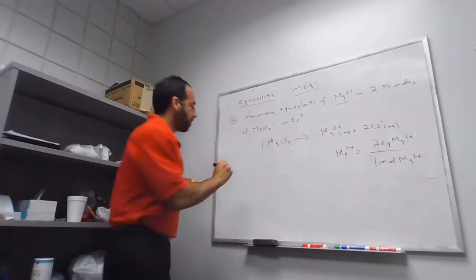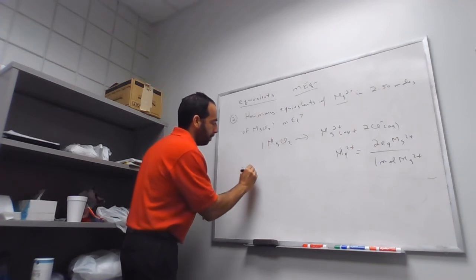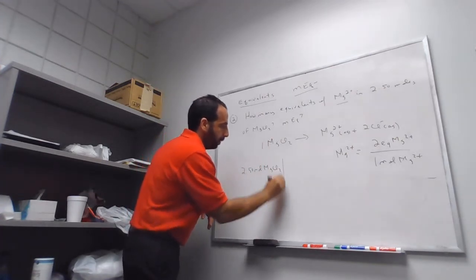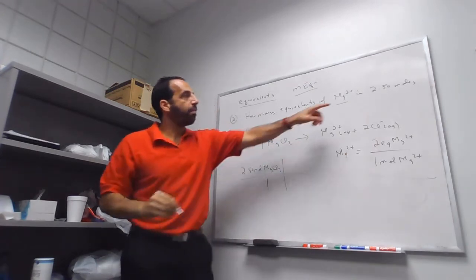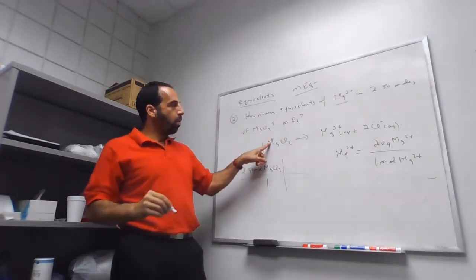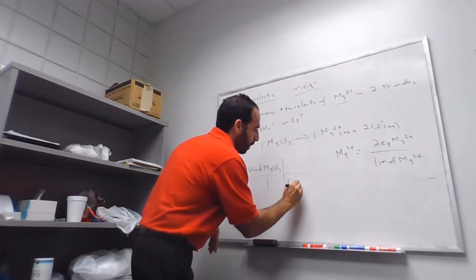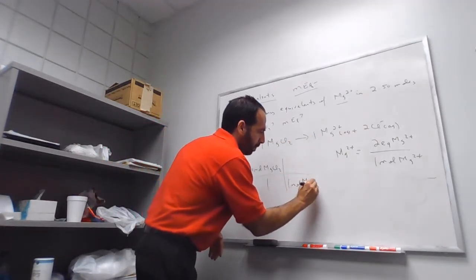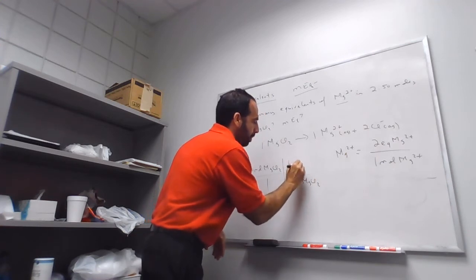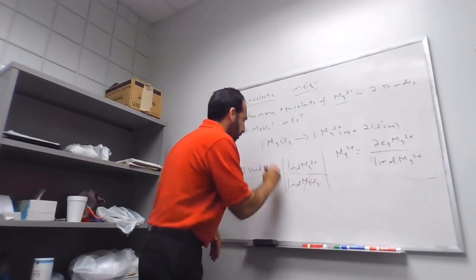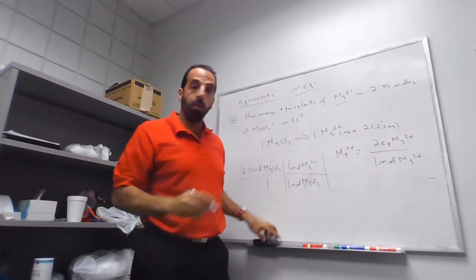So let's go ahead and write down what's given. 2.5 moles of magnesium chloride, and 1 mole of magnesium chloride gives 1 mole of magnesium, so it's a 1-to-1 ratio, so this is 1 right there. Then 1 mole is 2 equivalents. We have to use that.